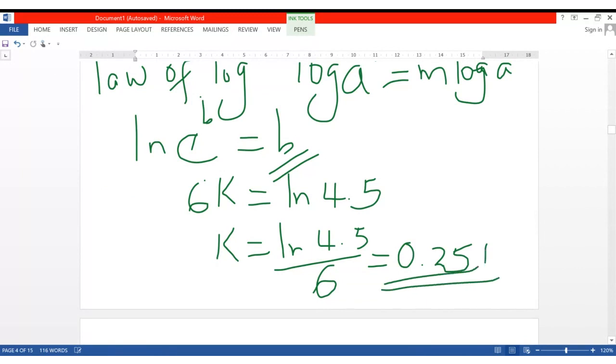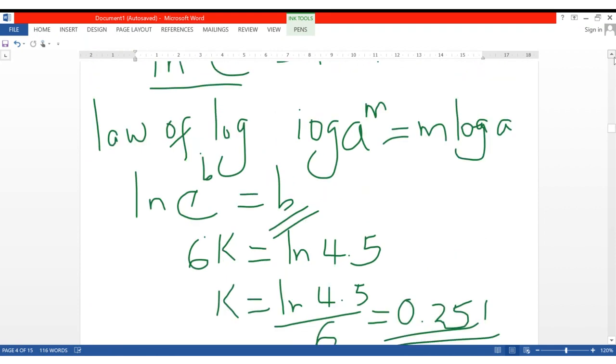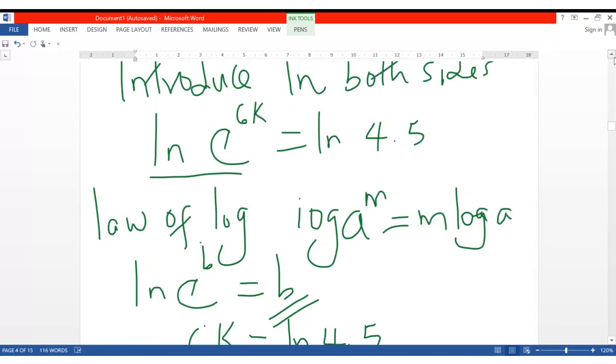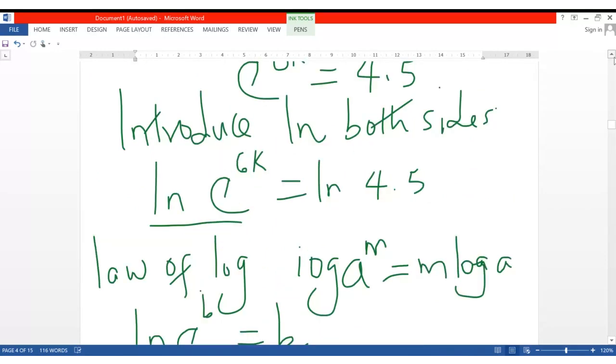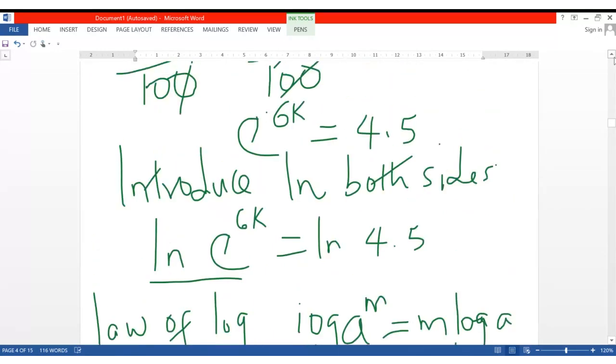And that is the value of k that I've gotten. So I repeat again: when you introduce ln on both sides, because you want to solve for k and the k is in the power, you cannot solve for it otherwise.